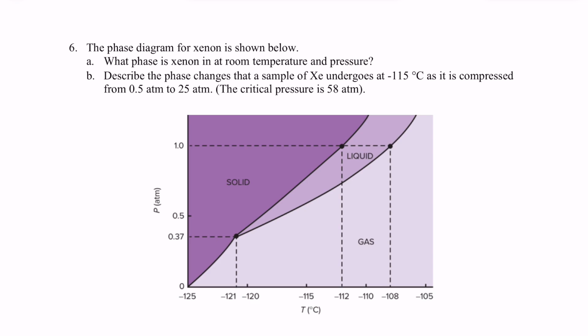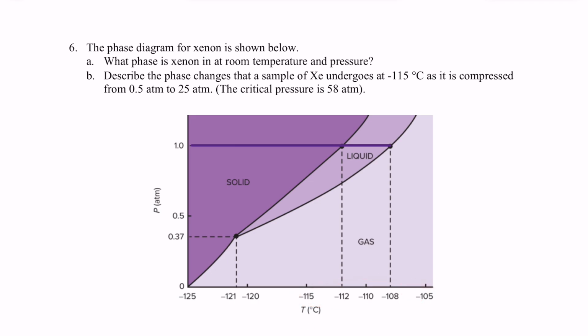All right, well, certainly room pressure would be roughly 1 atmosphere. So 1 atmosphere would be along this dark purple shaded line. And the question is, where do we have the temperature? Now, if we look at the horizontal axis here, the highest temperature is negative 105 degrees.